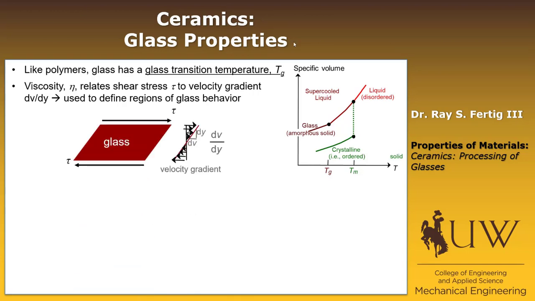What we're looking at on this slide is a piece of glass put under, in this case, a simple shear. If it's flowing, there'll be some velocity associated with putting a force on this glass, and a velocity in the opposite direction associated with putting the shear in the opposite direction. That's going to give us a velocity gradient, and the relationship between the shear stress and the velocity gradient is defined as the viscosity.